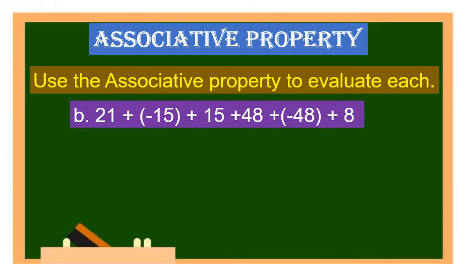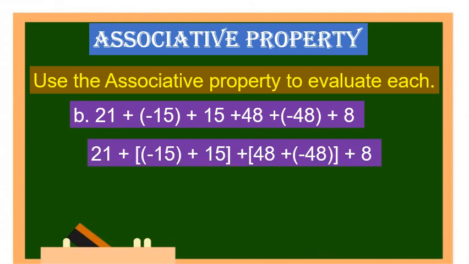So we have 21 plus quantity negative 15 plus 15 plus 48 plus quantity negative 48 plus 8. Okay, so first is ang ato ang gibuhat class kay di ba negative 15 plus 15.